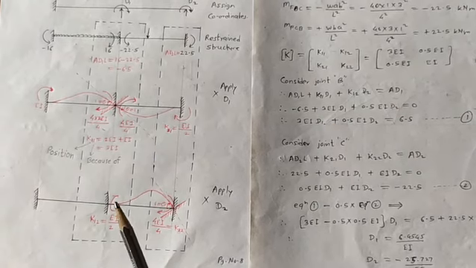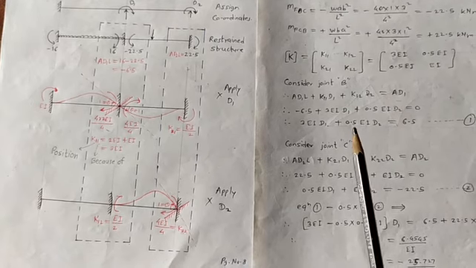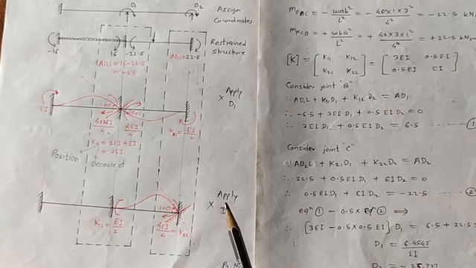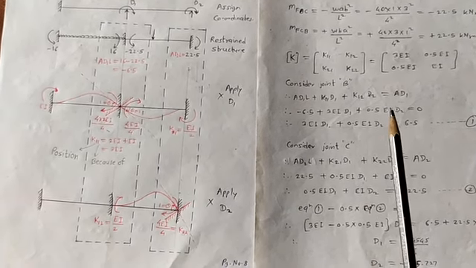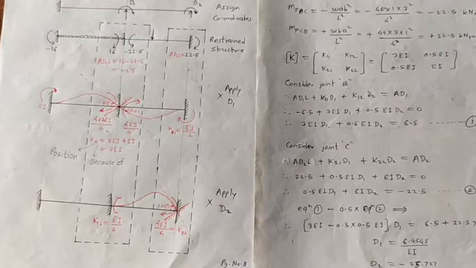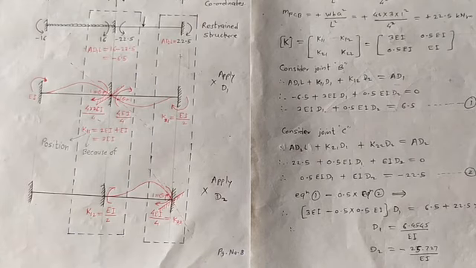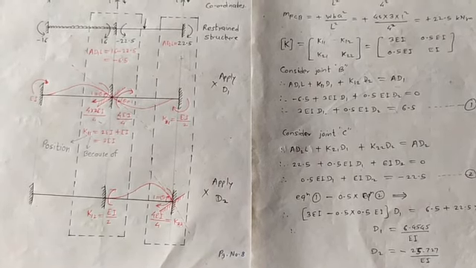Now come to joint b again. At joint b the moment applied is EI upon 2, that is 0.5 EI. Again this total diagram is multiplied by d2, that's why it is multiplied by d2. Now this is to be equal to ad1. ad1 means action in the direction of 1, or in simple language the applied moment.